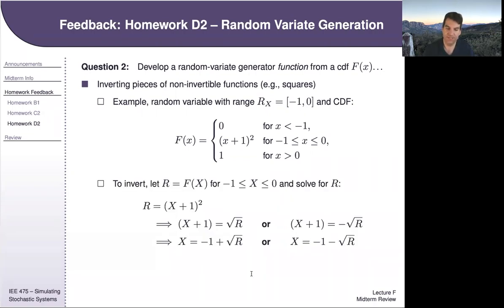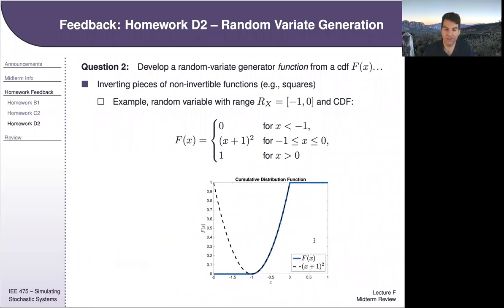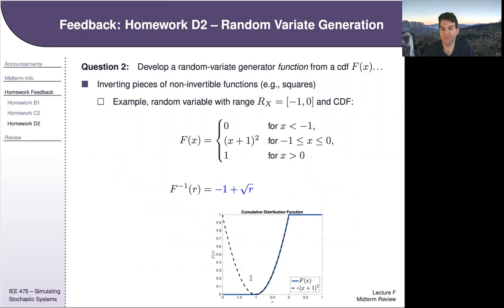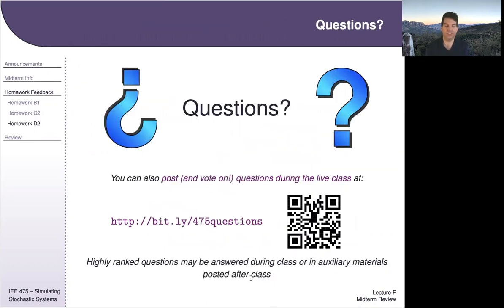That tells me that for this problem I should pick the positive. Choosing the positive ensures I have the right range. If I had chosen the negative, I would be choosing the wrong half of this parabola, and my range would be stuck between -2 and -1, and that's not where this random variable is. Any questions about that?